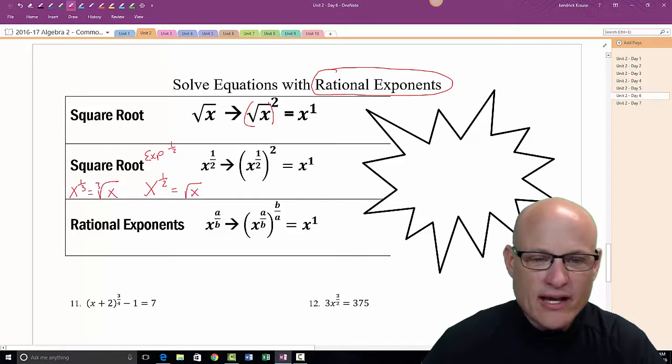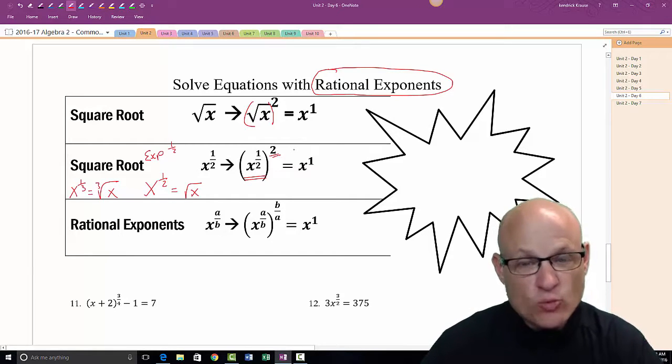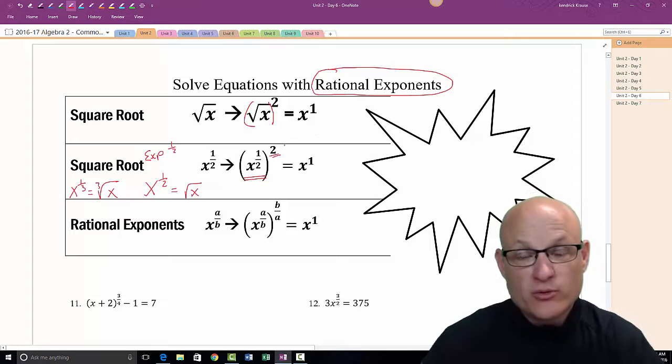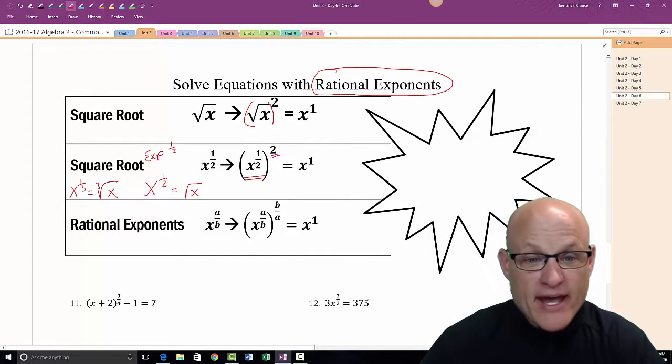If I take x to the 1/2 and I raise it to the 2, when you have an exponent raised to an exponent, what do you do with the exponents? You multiply them. So what is 1/2 times 2? It's 1. So this is really just equal to x. That's why this works.